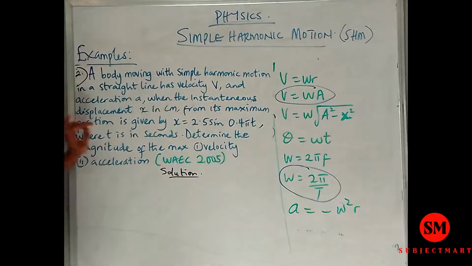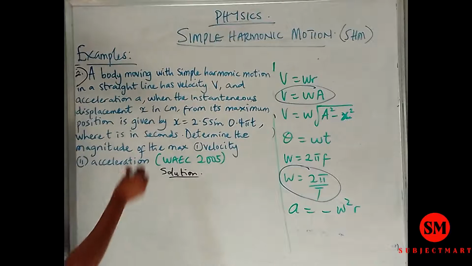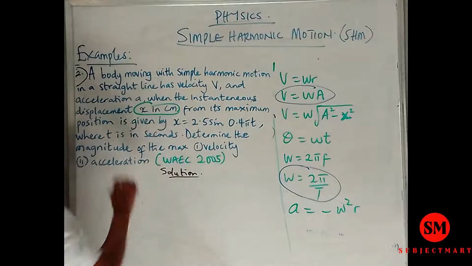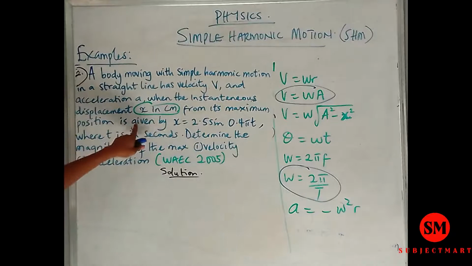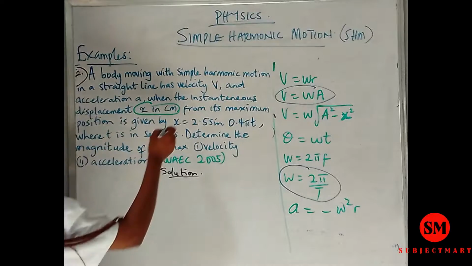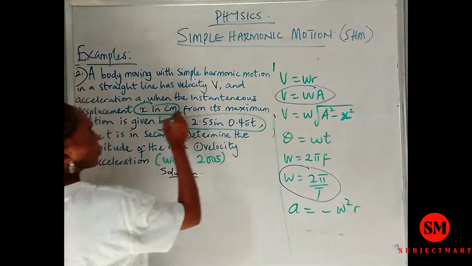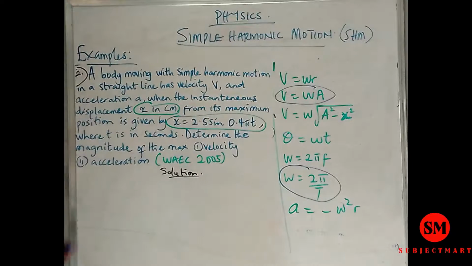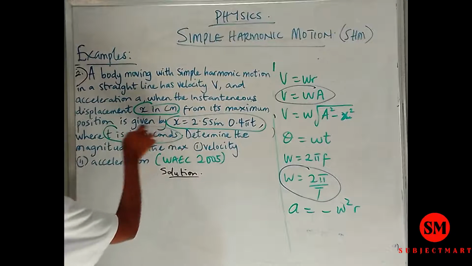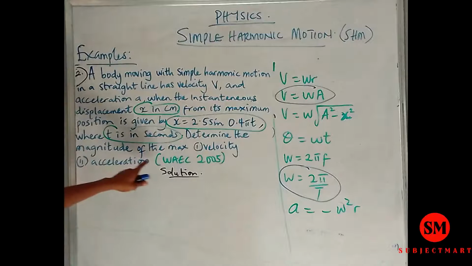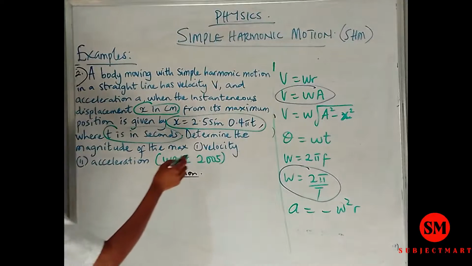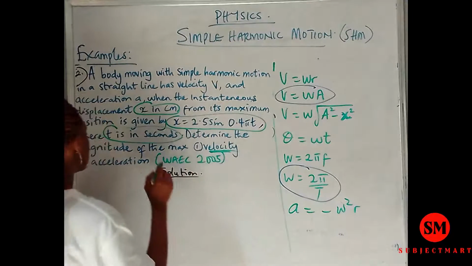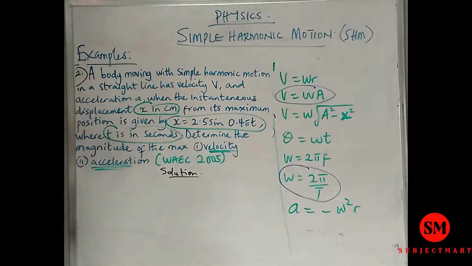When the instantaneous displacement x in centimeters, take note of that, displacement in centimeters from its maximum position is given by this. t is in seconds, take note of that. So the question says determine the magnitude of the maximum velocity and the acceleration.